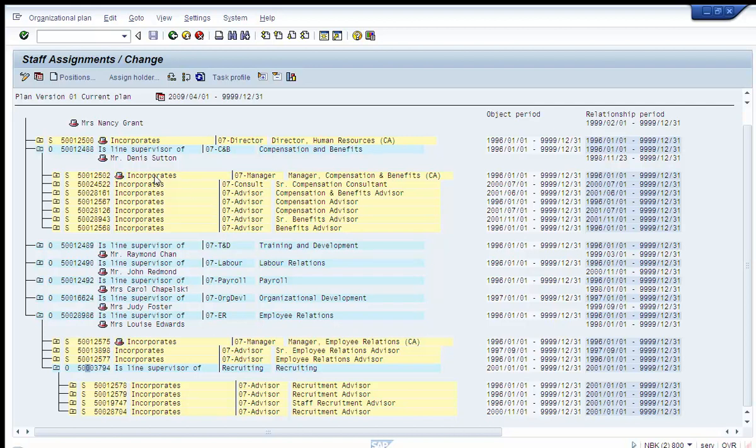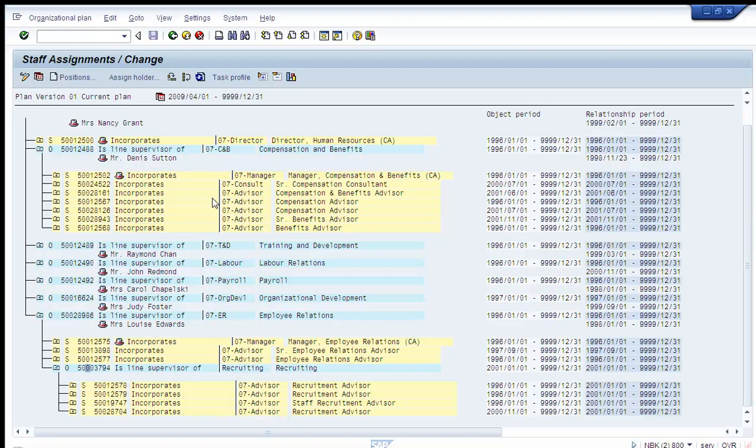Now the concrete objects that are returned by a structural profile change as the organizational structure changes. So if there is any change to the org structure, the objects that are collected and returned by the evaluation path also change.